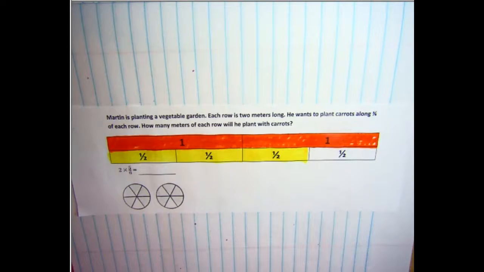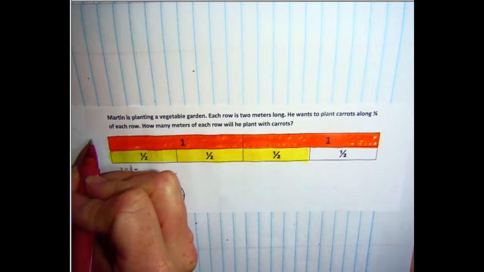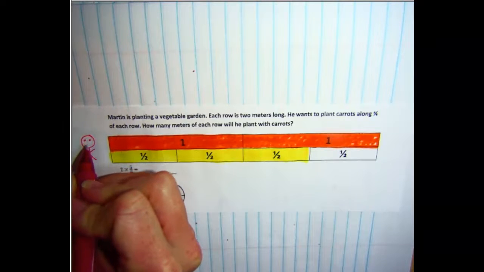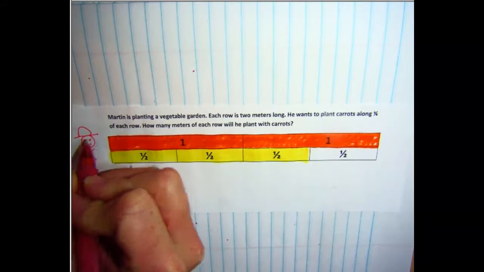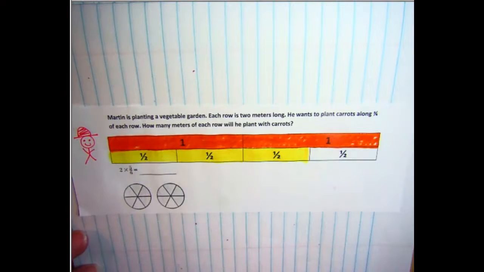What are they? Somebody different. Tyler, what do these 3 boxes represent that I just colored in for Martin? It represents 1 and 1/2. Well, it is 1 and 1/2, but what is it? 3/2. I'm looking for more than 1 and 1/2 or 3 halves. I'm looking for something else. Jack.